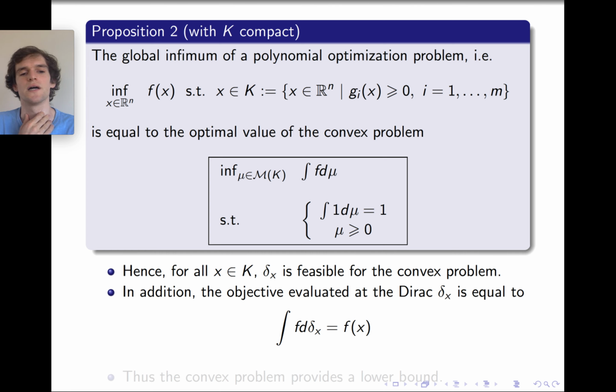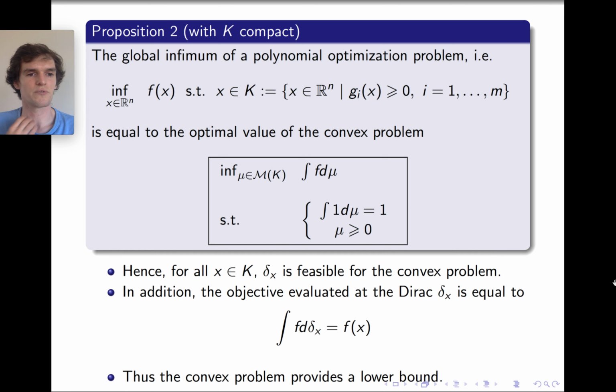In addition, notice that the objective function evaluated at the Dirac, so the integration with respect to the Dirac for f, just by definition, is equal to f of x. And this right here provides the fact that the convex problem has at least something that is feasible and that is giving you a value equal to f of x.